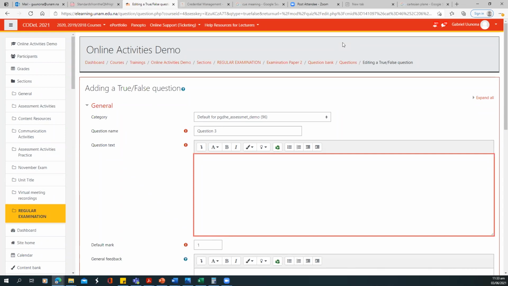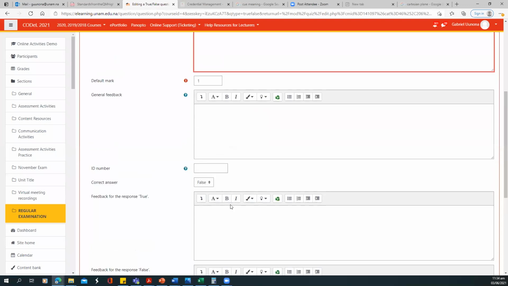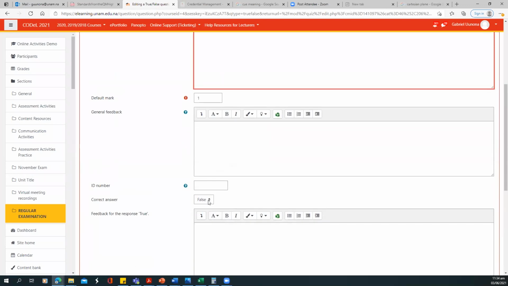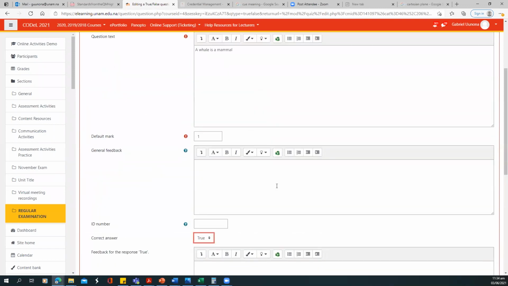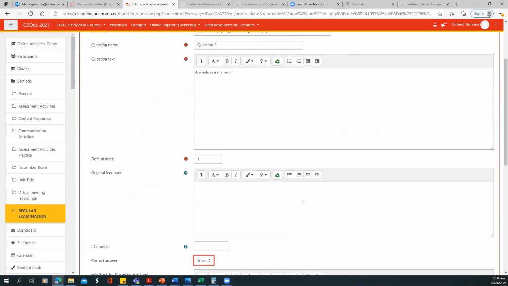So you just need to put the stem of the question, like for example, we say whale is a mammal. So if a whale is a mammal, we just indicate that it's true here as an answer. That's it, we are done. Forget about the feedback. And then you save.